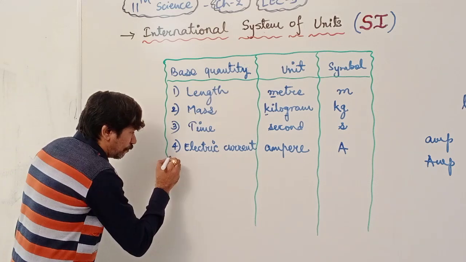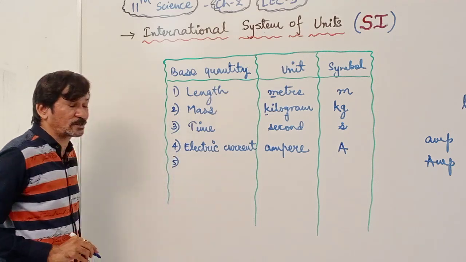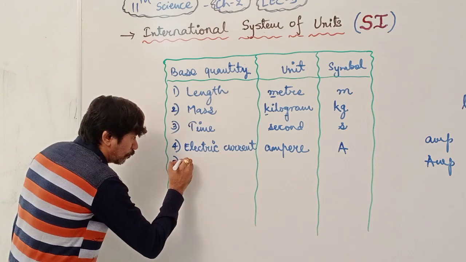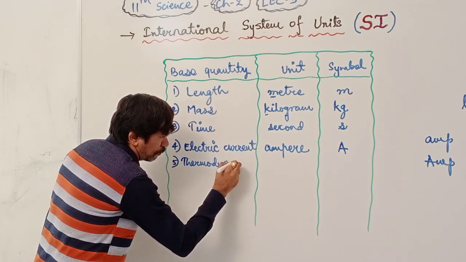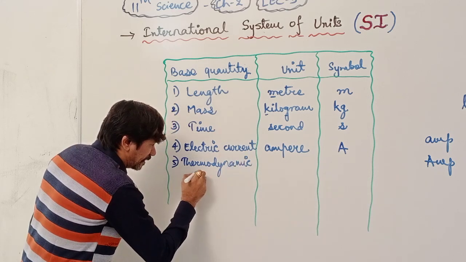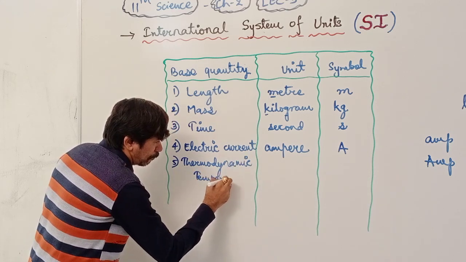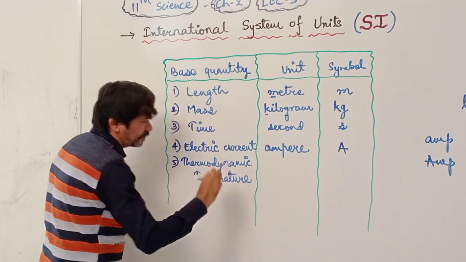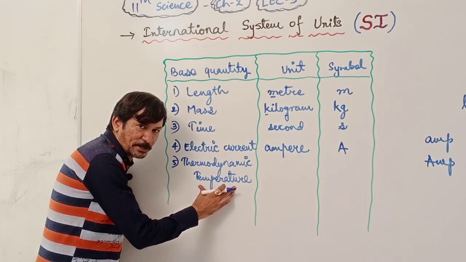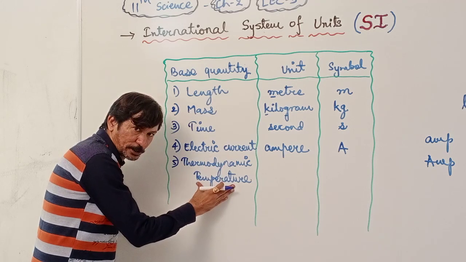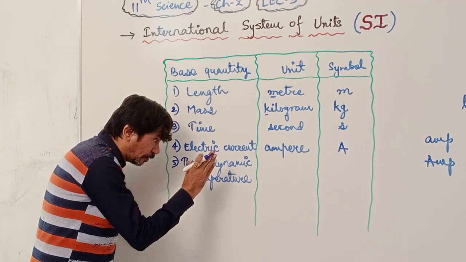Now the fifth physical quantity is thermodynamic temperature, simply known as temperature. Its full name is thermodynamic temperature. You can call it temperature only, no problem.